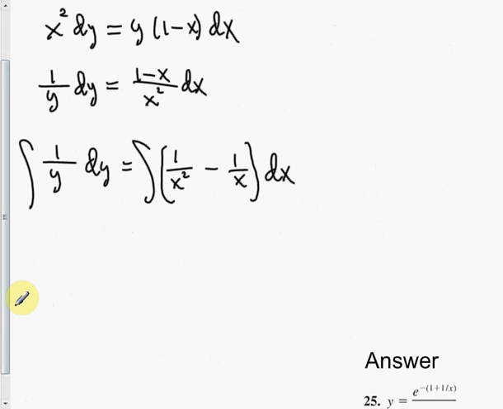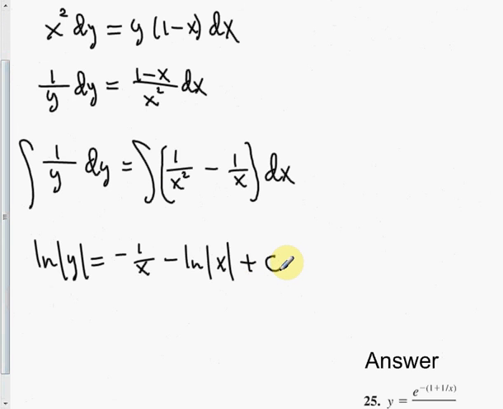So we integrate, so it gives us the natural log of the absolute value of y is equal to, you integrate x to the negative 2, that becomes negative x to the negative 1. So this is negative 1 over x minus the natural log of the absolute value of x, plus some constant there.